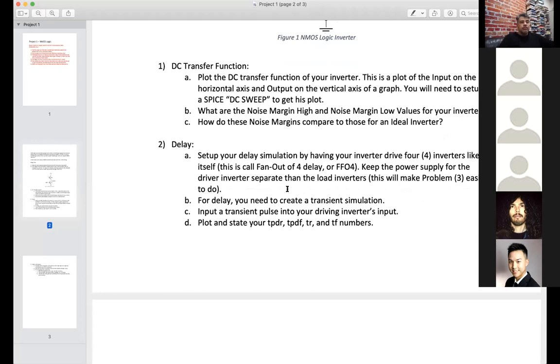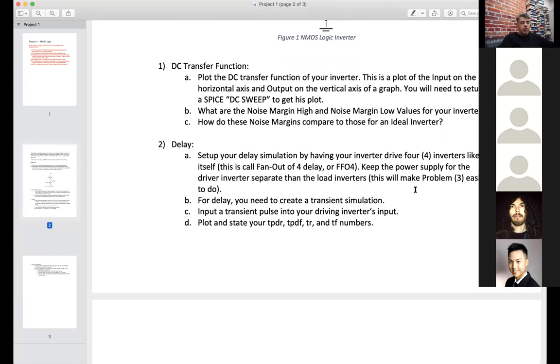This is called a fan out of 4 delay, or FO4. We'll see this over and over again. It's a way of defining the performance of the logic gate. So make sure your inverter, whatever sizing it has, is driving another 4 inverters like itself when you do that simulation. I didn't have a load, anything driving it.